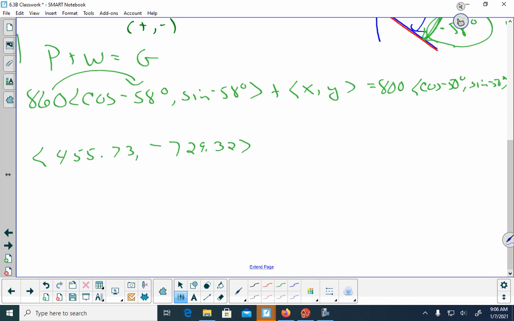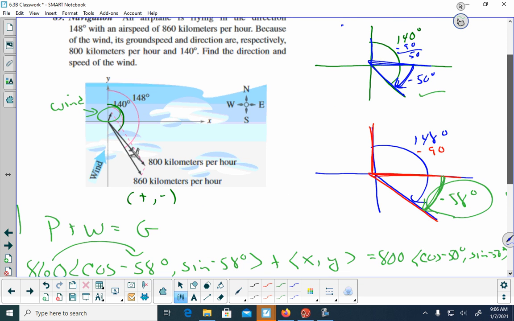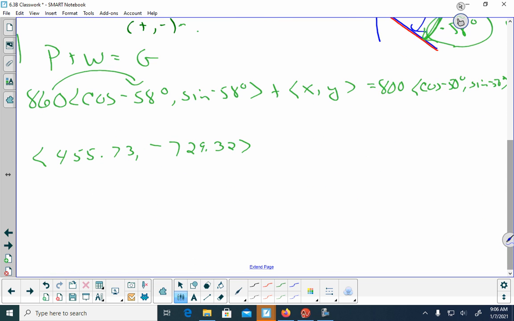And that makes sense that my cosine's positive, my sine's negative, because that's what I was expecting in that fourth quadrant. So then I'm going to add the wind, which I do not know, and I'm going to end up with 800 times the cosine of negative 50 degrees, which is 514.23, and then 800 times the sine of negative 50 degrees, which is negative 112.